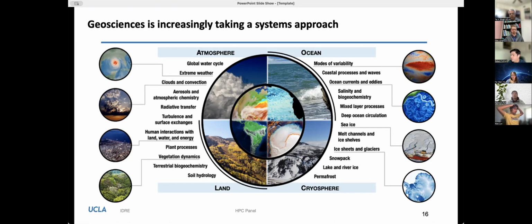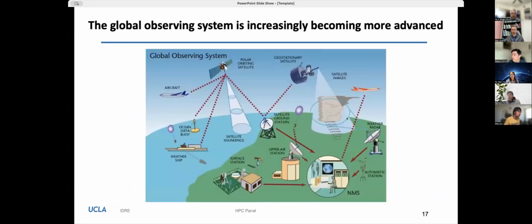So you really have to understand human interactions with the Earth system, as well as all of these different processes. And as Alec alluded, with some of the fluid dynamics that occur, especially geofluid dynamics, that can be very computationally heavy. Go ahead and go to the next slide.